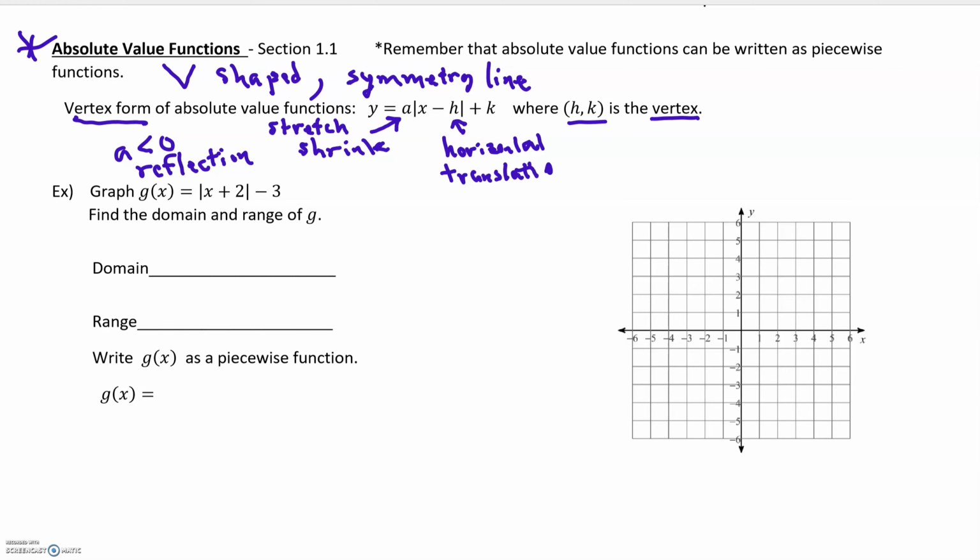And the k is a vertical translation. And I'll point to the k. He's the vertical translation.